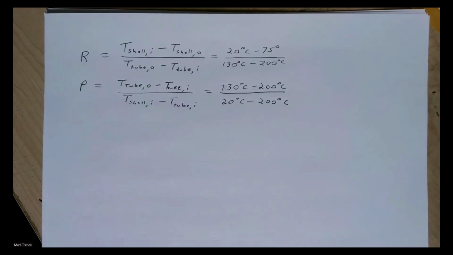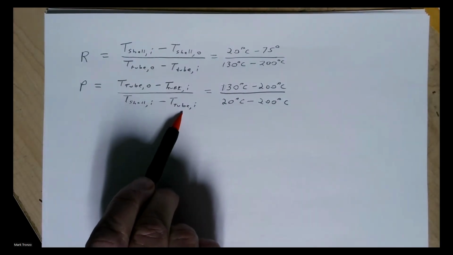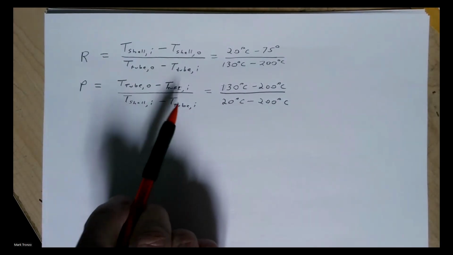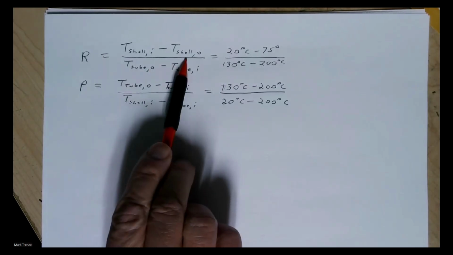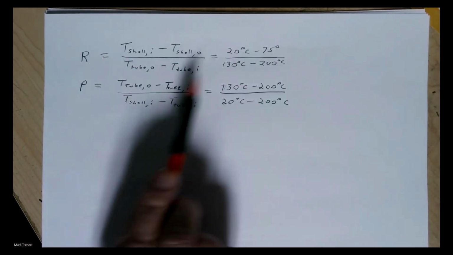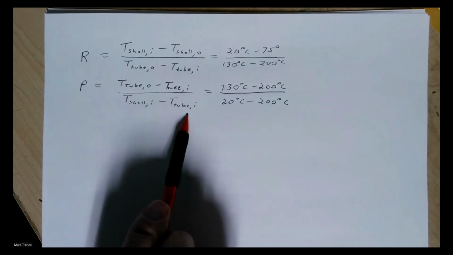Like this. Now notice this one is kind of the one that's kind of out of order, so to speak. These were shell, shell, here, tube, tube, here, tube, tube, but here we had shell, tube.